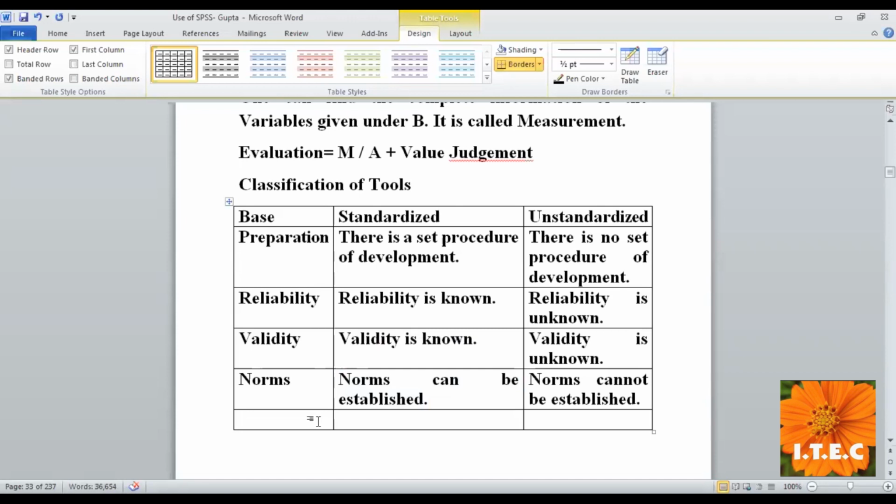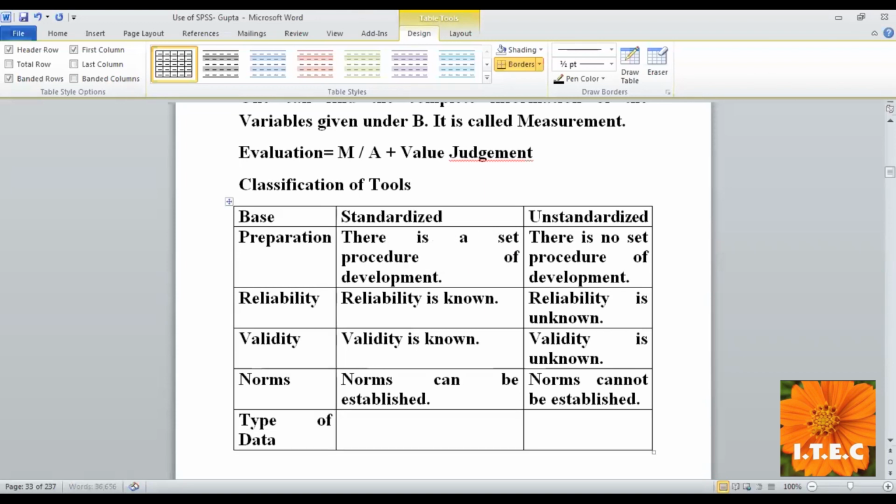Then another, you can say the nature of data, or you can say the type of data. In this one, you will have the quantitative data.